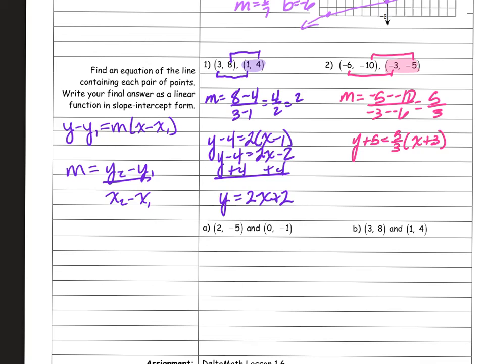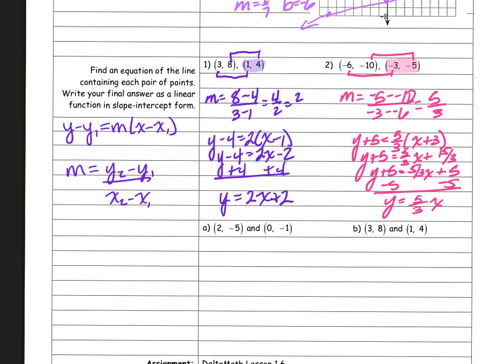So then y plus 5 equals 5/3 x plus 15/3. So then y plus 5 equals 5/3 x plus 5. So subtract 5, and I get y equals 5/3 x. Done. Okay.